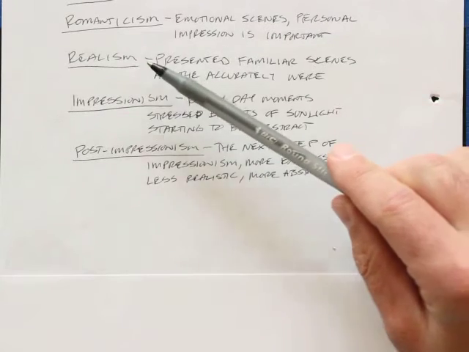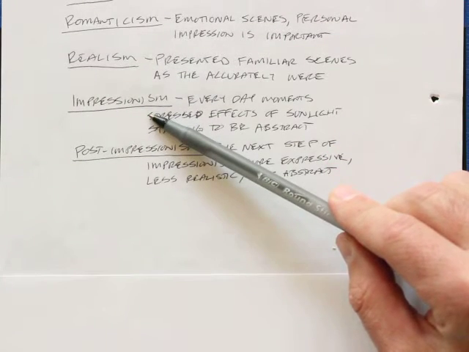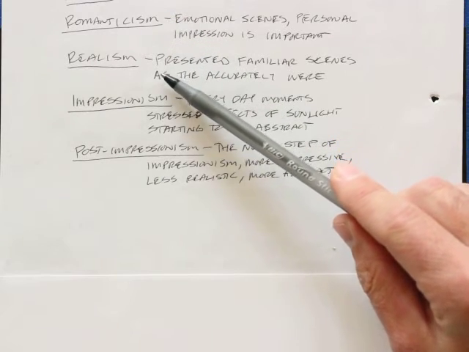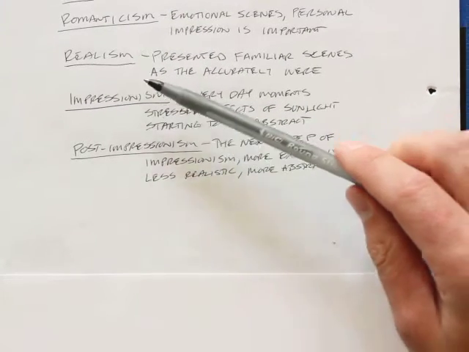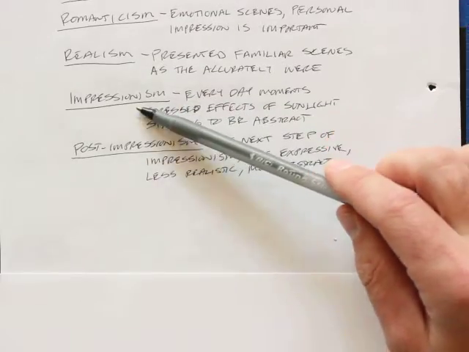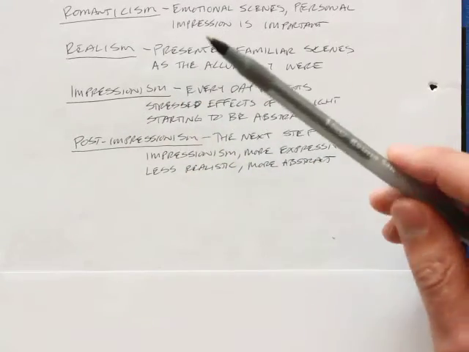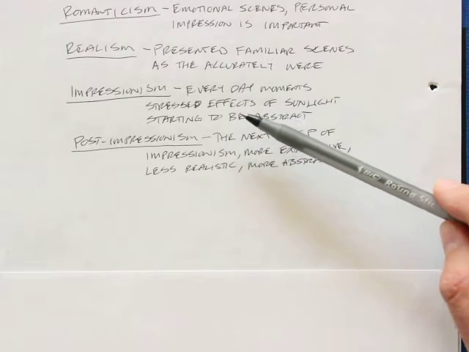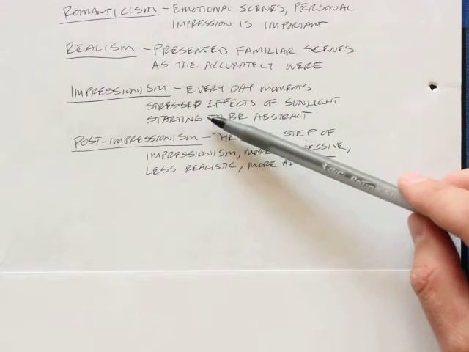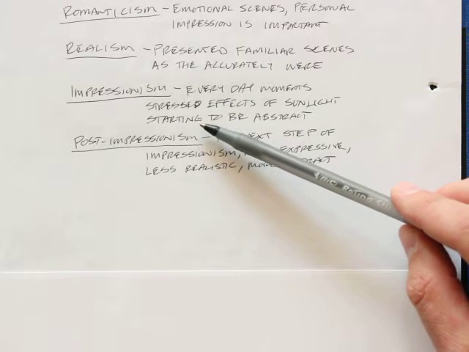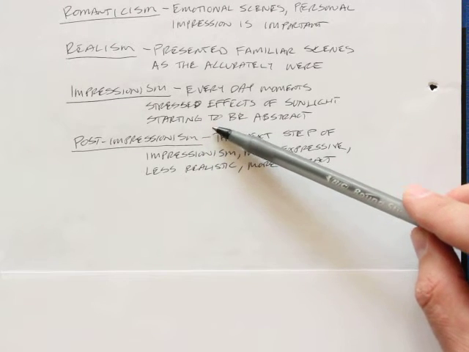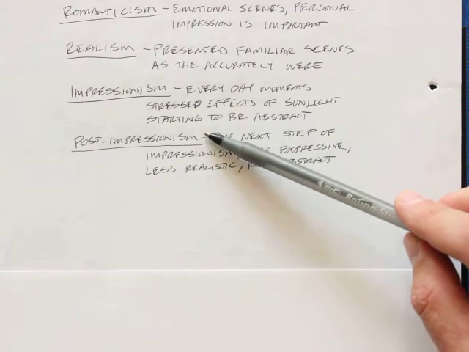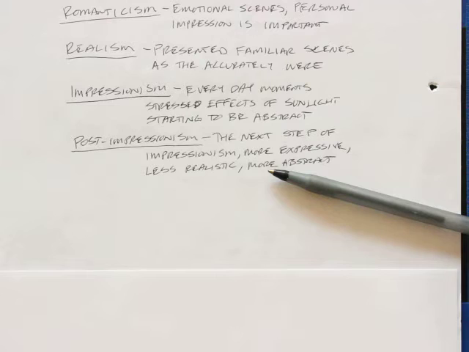Now, we have Impressionism. We've started getting more and more realistic, and more and more like real life. Now Impressionism takes this idea of familiar scenes and everyday moments, but starts changing from not being so realistic, and started to stress the effects of sunlight and starting to be abstract.